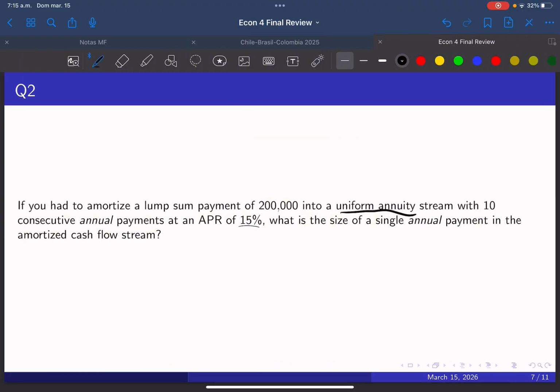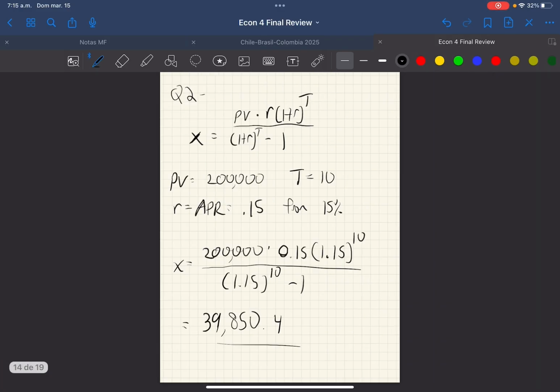Right, and that's what we're asked to find. It's the size of a single annual payment. And a good check on whether you did this right is, I need to pull out my calculator to do this. Yeah, a great check is to take the payment and multiply it by the number of time periods I have.